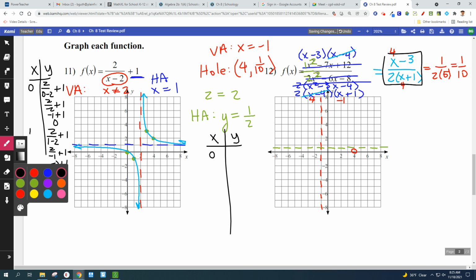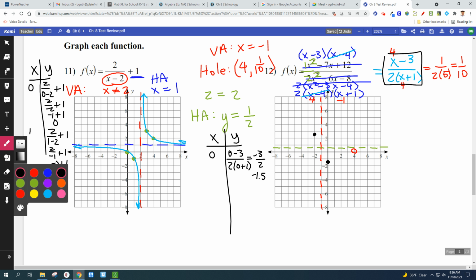So if I plug in 0, 0 minus 3 over 2 times 0 plus 1. That's going to be negative 3 over 2 times 1. So negative 3 halves. That's negative 1.5. 0 comma negative 1.5 is right there. To get to the middle, you go left 1 and up 2. You go left 1 and up 2, you're going to be right there.